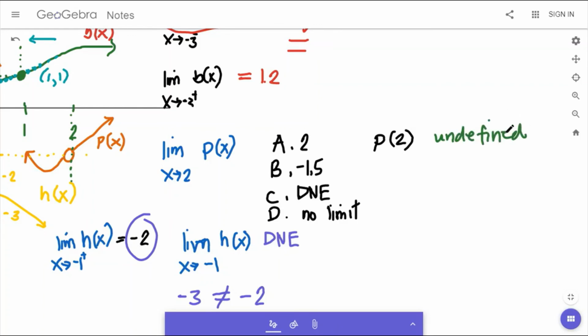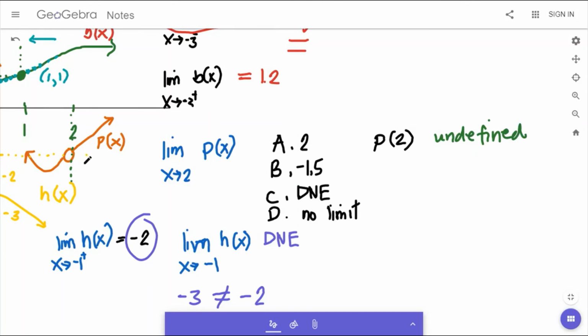Minsan ang sinasabi ng iba, okay, let me correct your thoughts. Baka na-deceive kayo ng terms. The value of P of 2 is undefined on the graph kasi the graph clearly shows that P of 2, there's a hole here.